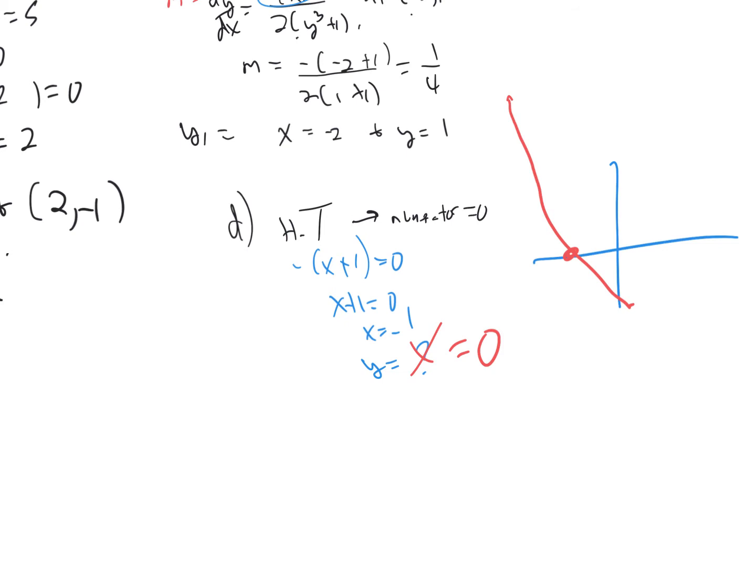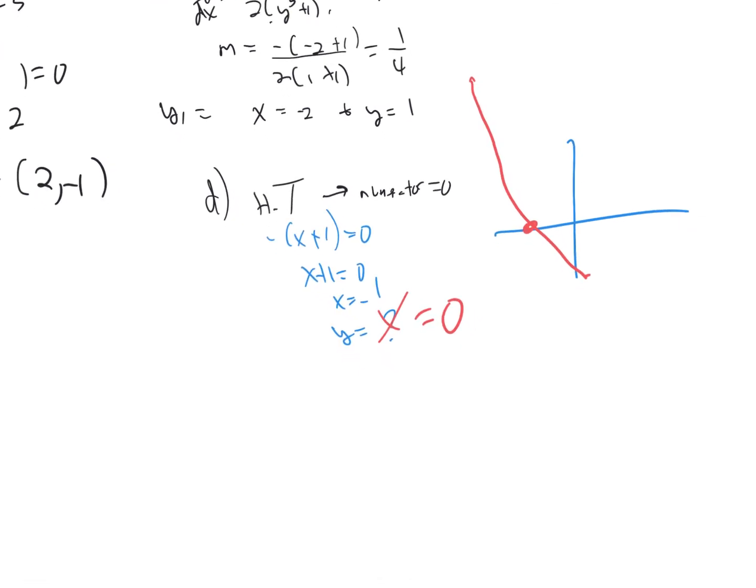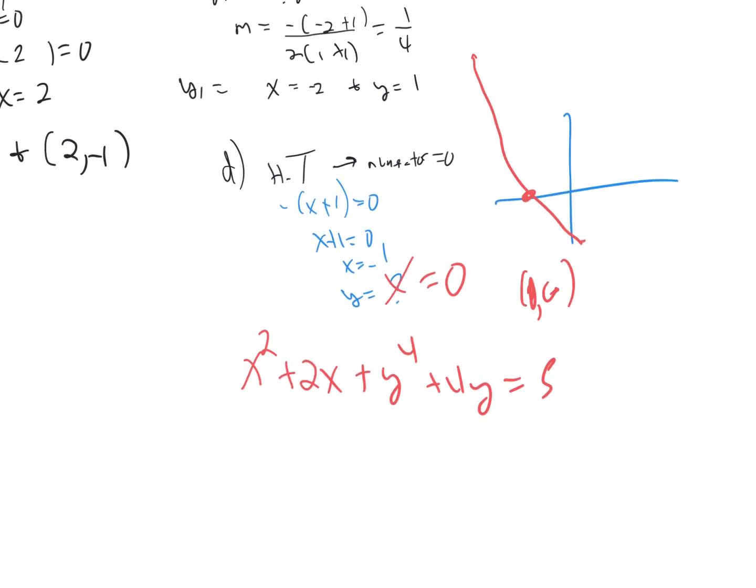So I take my equation, and I've written it down 100 times now, x squared plus 2x plus y to the 4th plus 4y equals 5. He's asking if it's possible. So let's see what happens when I plug in this ordered pair, negative 1, comma 0. Wait, I'm sorry, x is a negative 1.